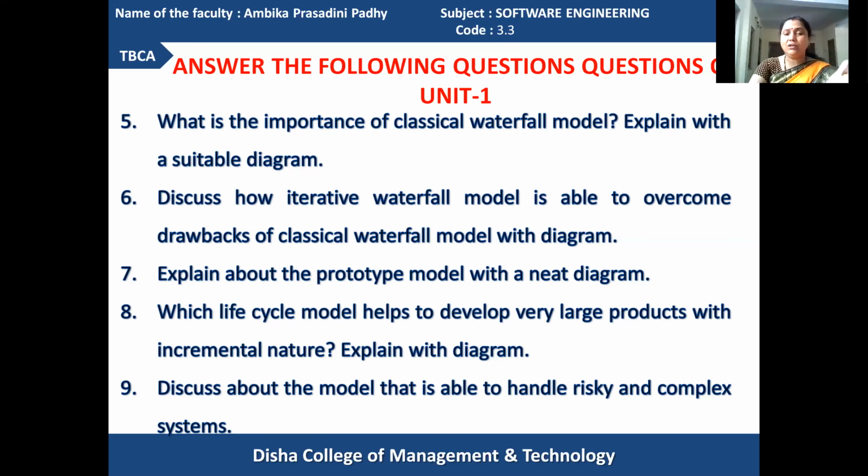Next question: discuss a model which is able to handle risky and complex systems. To solve the risk and complexities inside a system, which model is beneficial? The answer is there with you, and that is the spiral model. Answer that. Got it? These are all your important questions.